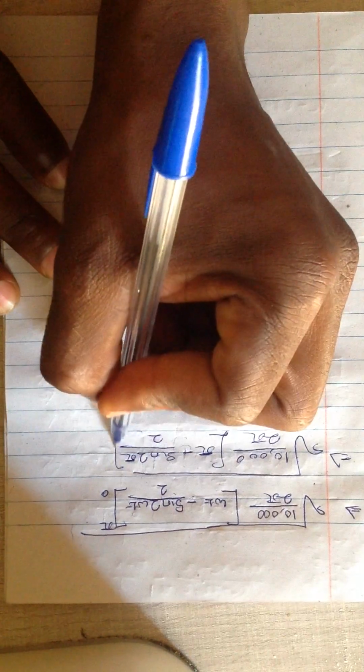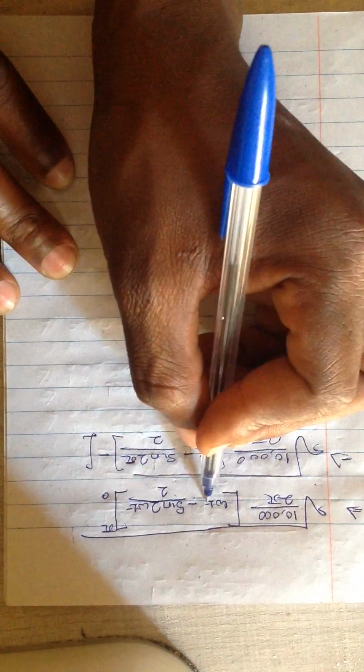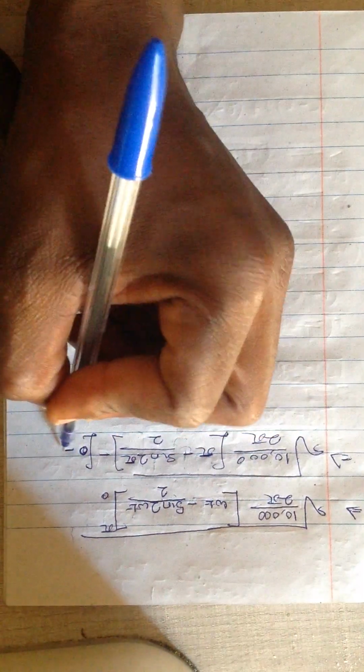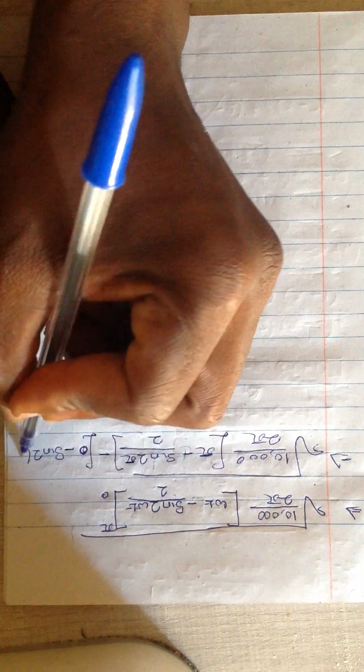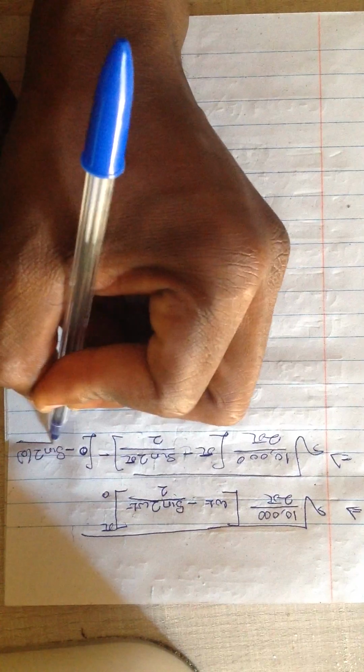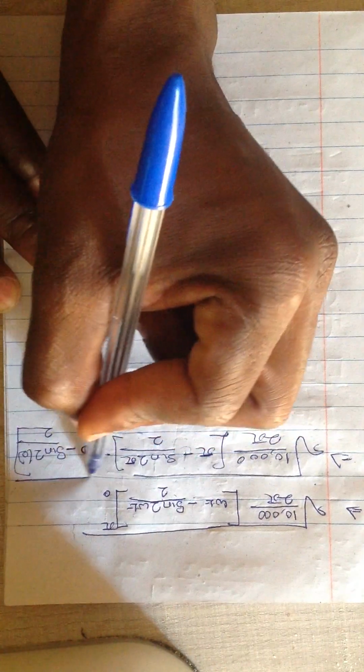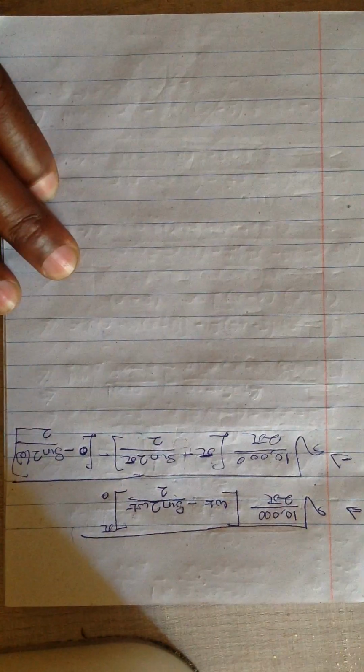You close, minus, you open another bracket. In the same equation, where there is omega t, you substitute with 0: 0 minus sine 2, open bracket, 0, close, over 2. You are done with this part. Remember, it's all under the square root.